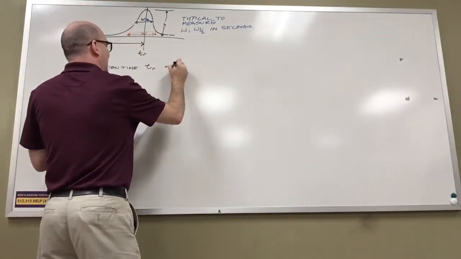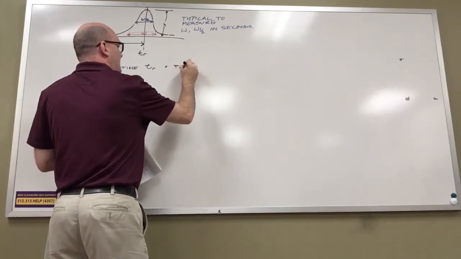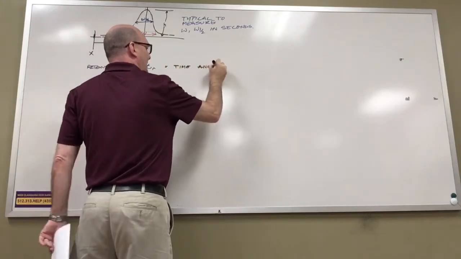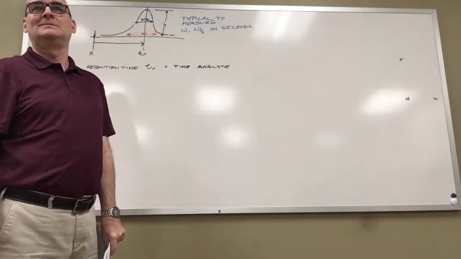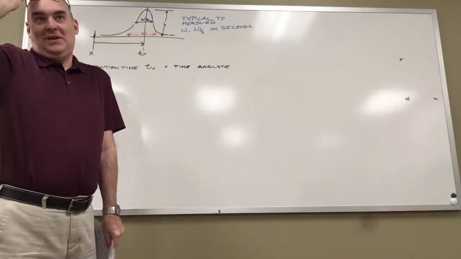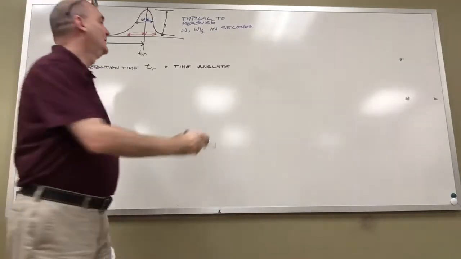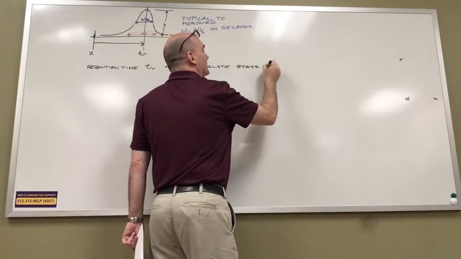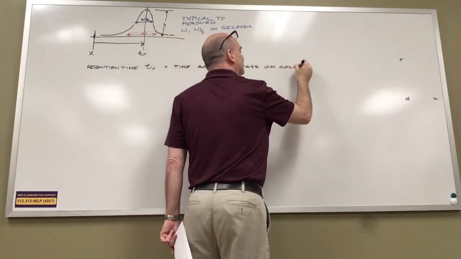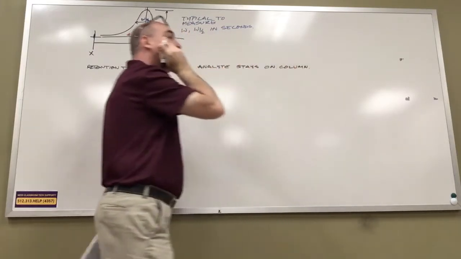So retention time is just the time that an analyte stays on the column. Somebody asked me yesterday what an analyte means. What does an analyte mean? It's been analyzed. It's the thing being analyzed. It's the time it takes to elute.